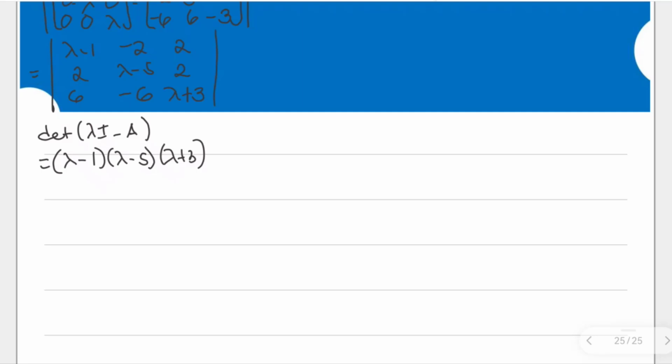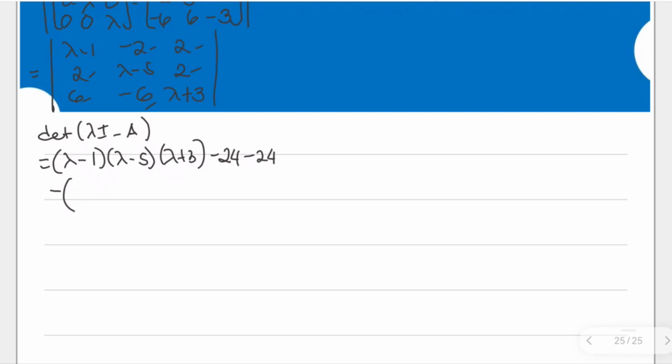You will have the next: negative 2 times 2 is negative 4, times 6, that's negative 24. Next, plus 2 times 2 is 4, times negative 6 is another negative 24. So we'll have that for our first movement. The next movement, you will have minus all the entries from upper right to lower left.